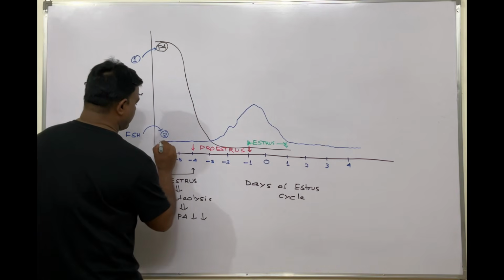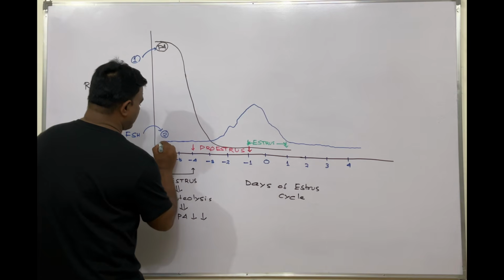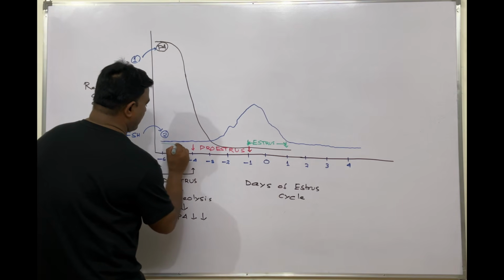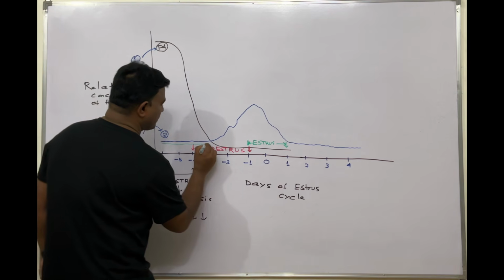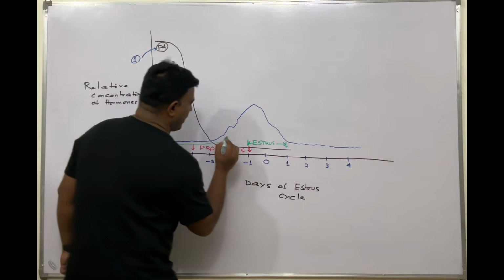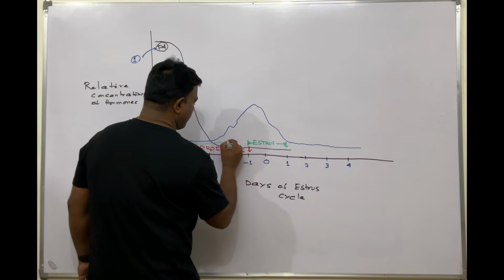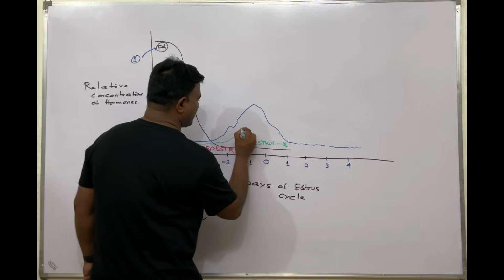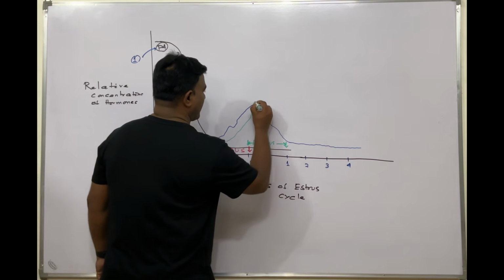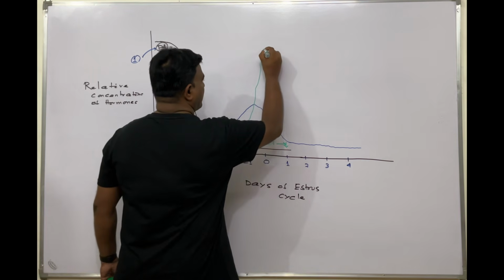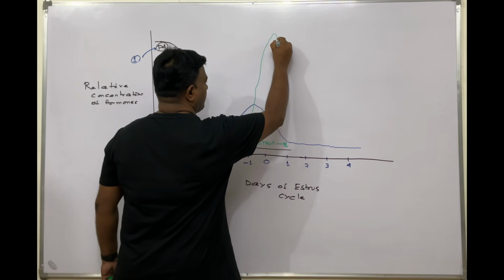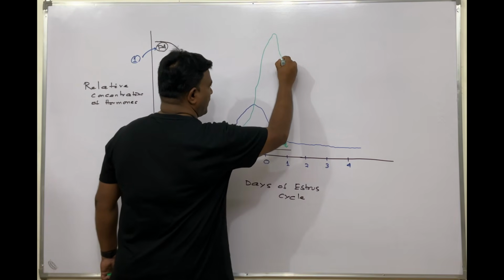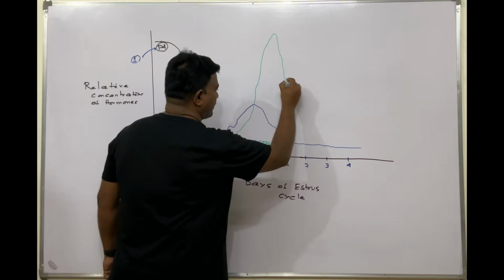See the LH. The LH is at a lower level than FSH. Due to progesterone falling, FSH is rising, and it is attaining a very big peak. And this peak is now gradually going to decrease.